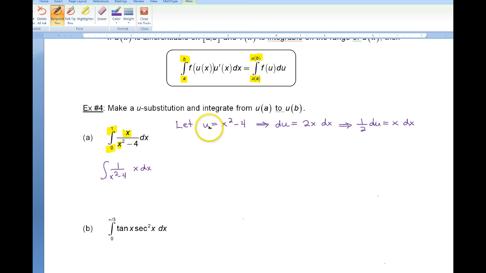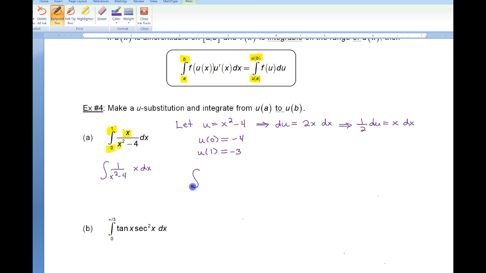So remember right here we said u is x squared minus 4. So I want you to find u of 0 and u of 1. In other words, take x squared minus 4, plug in 0, what do we get? -4 and -3.